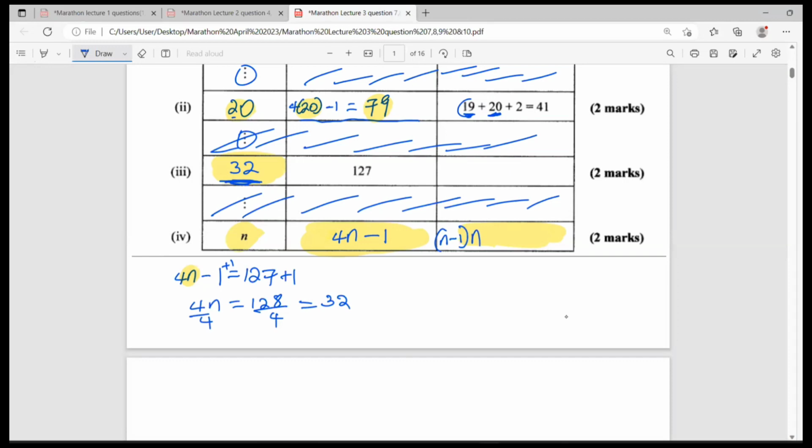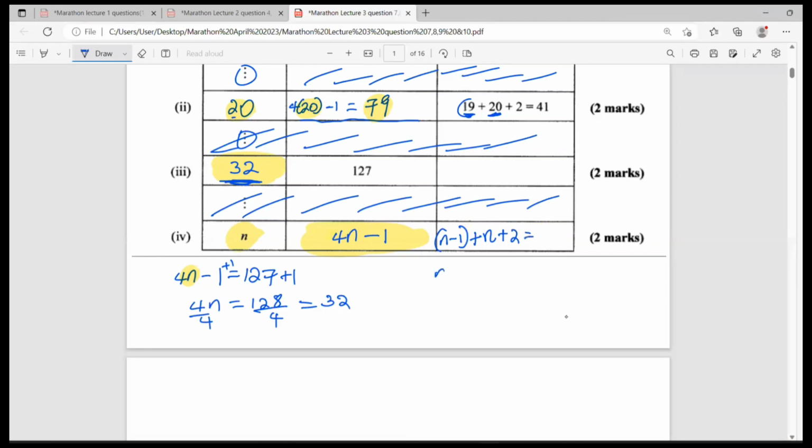And then there's a plus 2. Hold on, let me write it up properly. Yeah, the plus sign is missing. And then there's a plus N here, and there's a plus 2 here. And then all you need to do is to simplify it so that you can write the right thing.